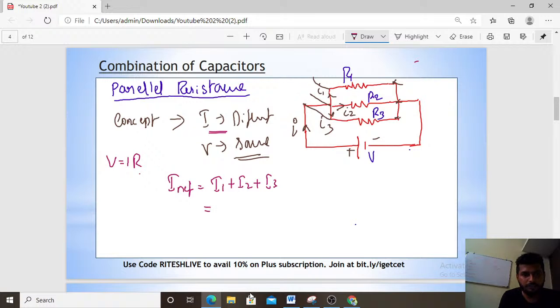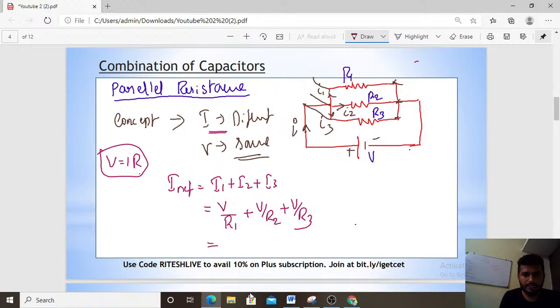So in place of I1 I can write this equation, that is I is equal to V divided by R. So V divided by R1 in this resistance, V is same all over the three resistors, plus V divided by R2 plus V divided by R3, alright?